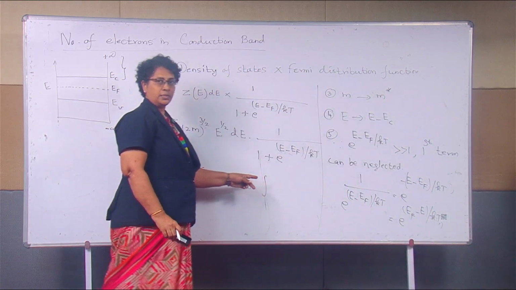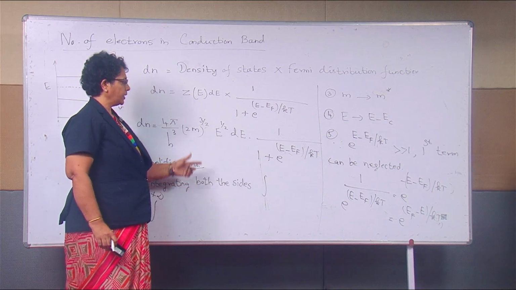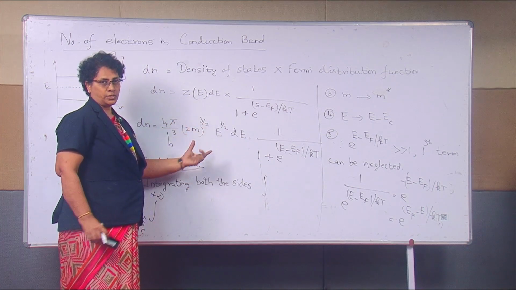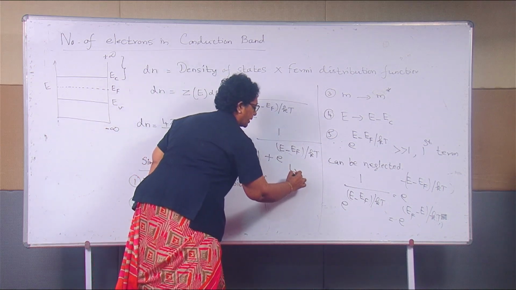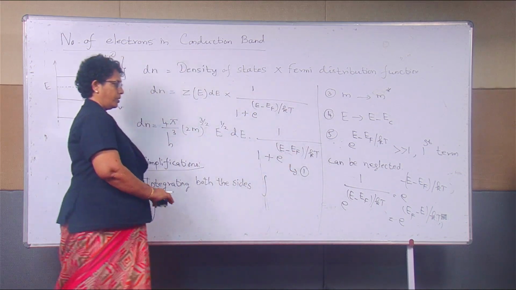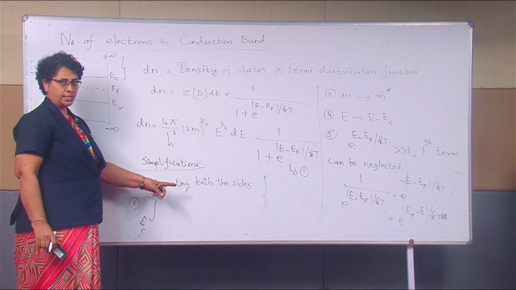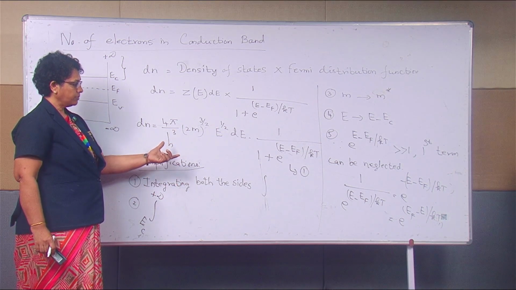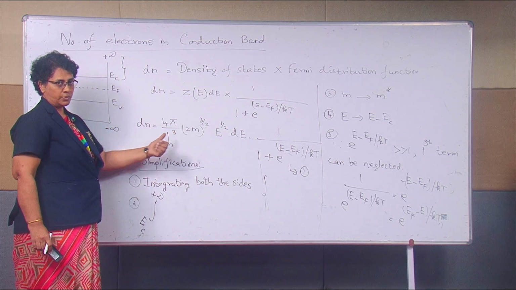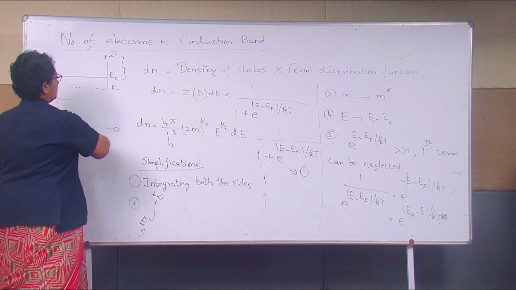So now I can substitute all the simplifications in this equation. So let us number this equation as 1. So the 5 simplifications are there. So I can substitute all the 5 simplification steps in this equation number 1, so that you will be able to finish this.